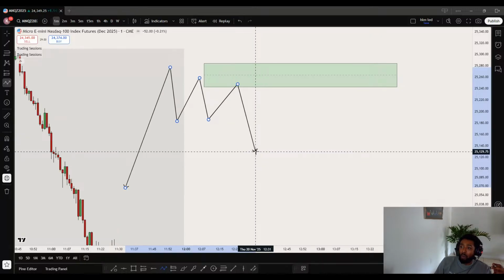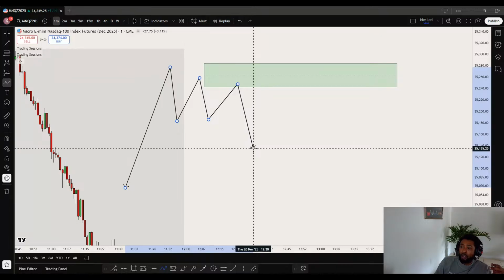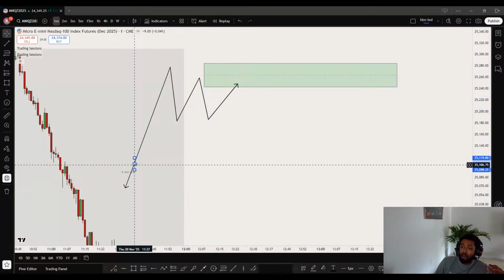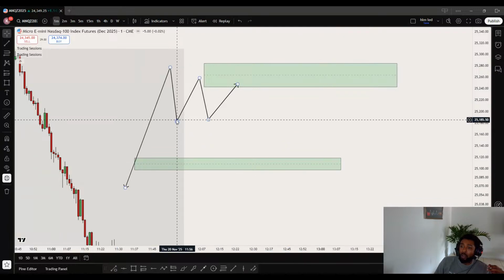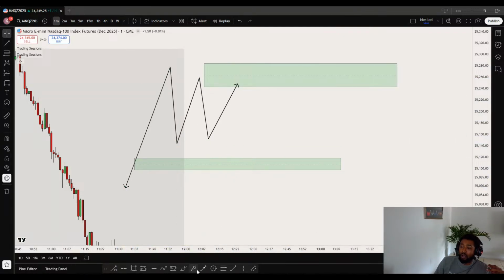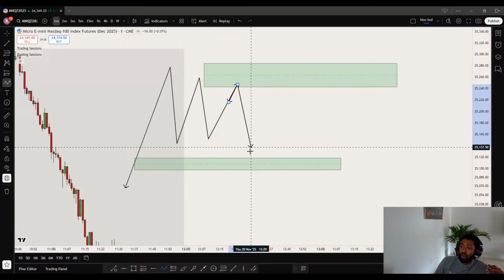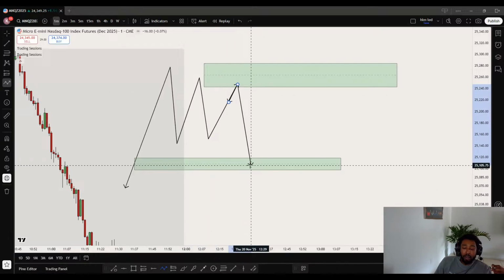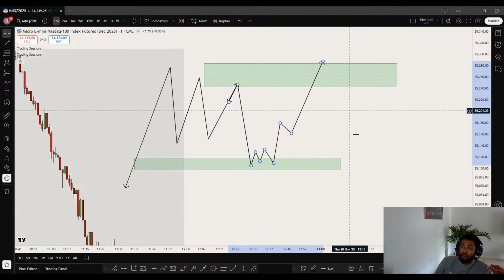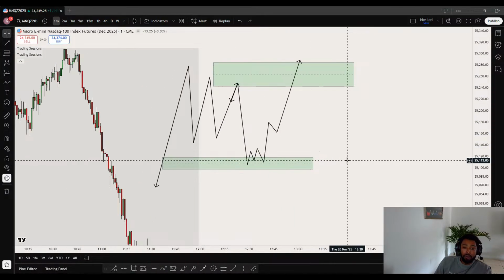Now I want to see it go lower into a higher time frame PDRA, sweeping out some lows. So we sweep out these lows into a higher time frame PDRA, and then create bullish order flow to go higher. That's simple. It's simple, just like that.